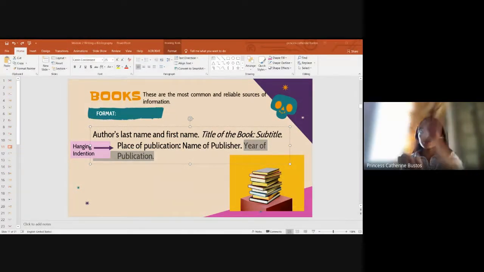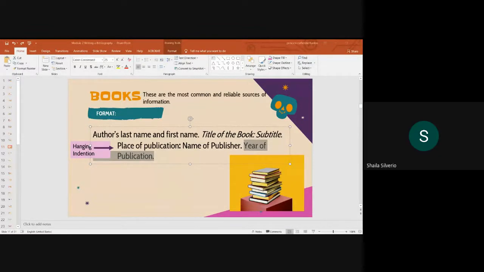If this is your book, you open your book, and here on the first page, at the back of it, you can see the copyright. It's usually a C and then a circle, copyright. It's the year when the book was published. Do you follow? I follow.